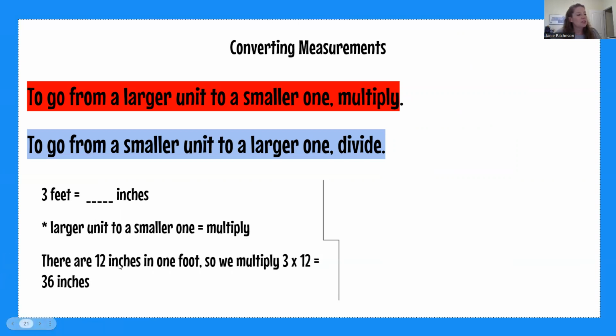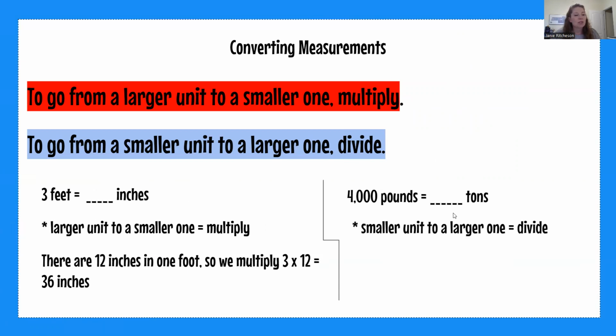Since there's 12 inches in 1 foot, we are going to multiply 3 feet times 12 inches. And the answer is there's 36 inches in 3 feet. All right, another example, if I'm asking you how many tons is 4,000 pounds? Well, a pound is a lot lighter than 1 ton. So when you're going from a smaller unit to a larger unit, the rule says you're going to divide.